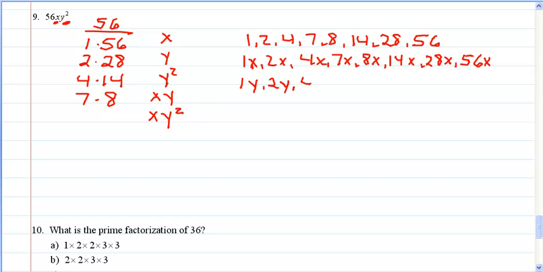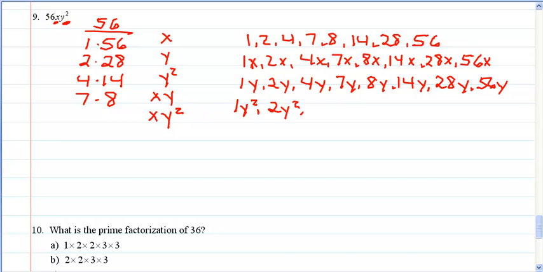Now I move on to y. And then I move on to y squared. And then xy.